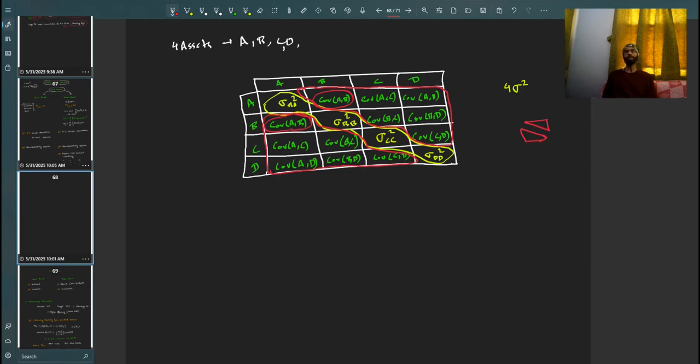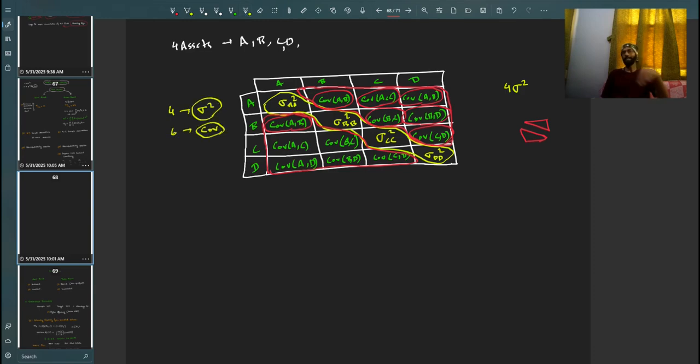So how many covariances are there? There are 1, 2, 3, 4, 5 and 6. 6 boxes are there with unique covariance values, right? So there are 4 variances, I'm writing once again, and 6 covariances, right?